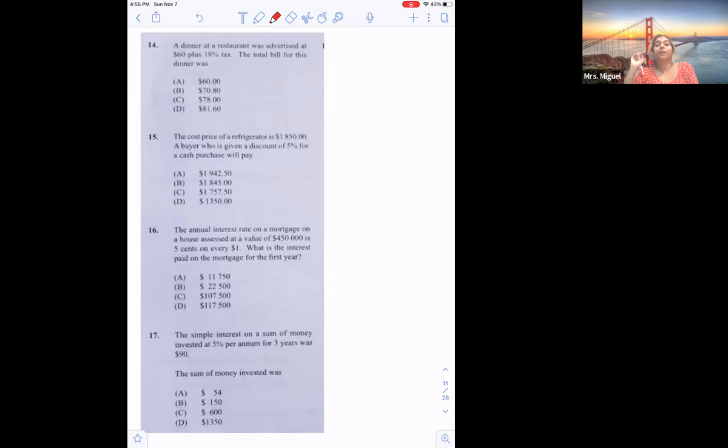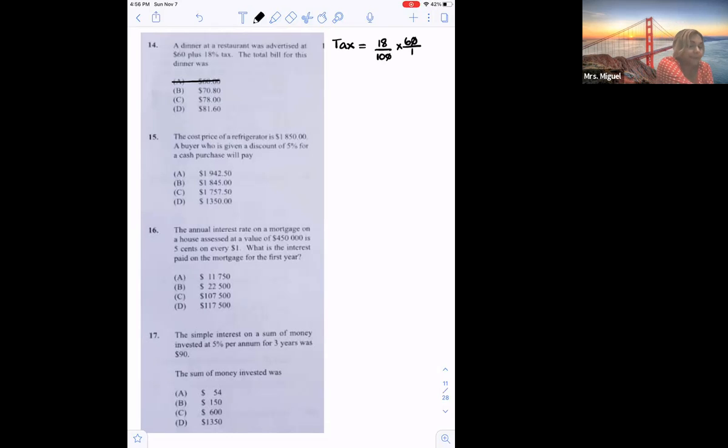All right, let's see what you all have. A dinner at a restaurant was advertised at $60 plus 18% tax. So right away, we can eliminate $60 because if you go to buy food, you have to pay tax. How much tax are you paying? Well, you are paying 18%. 18% is simply 18 over 100 multiplied by 60 over 1.